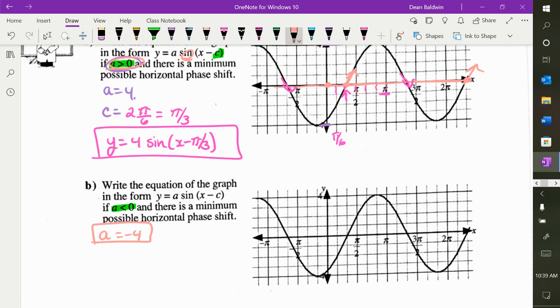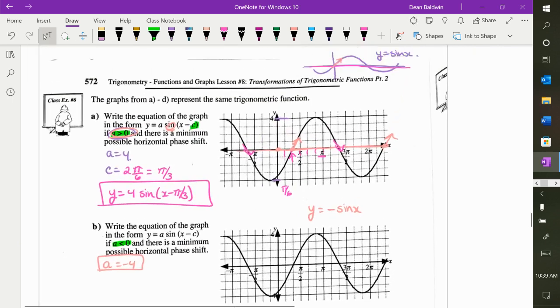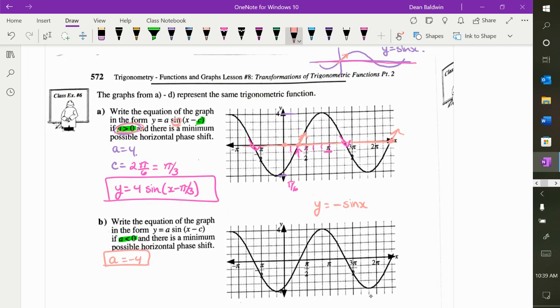If your A value is negative, like we talked about with that graph I had up there, if I'm going to sketch negative sine x, here's the regular sine graph up here. If I flip that, because a negative A value will flip it, the graph is going to look like this. Correct? Okay, this is negative sine x graph.